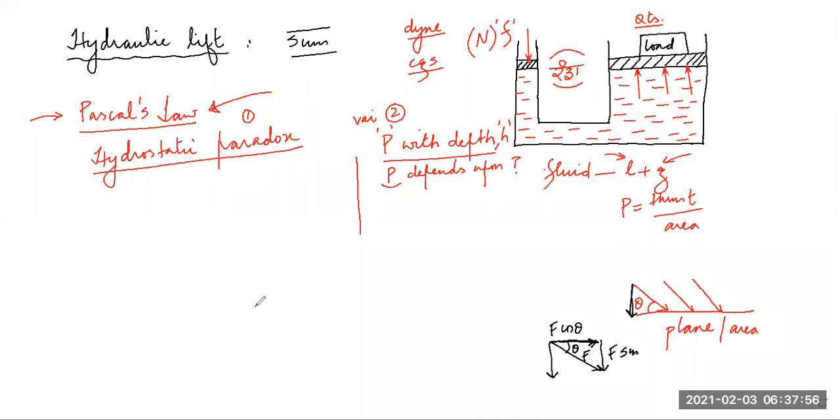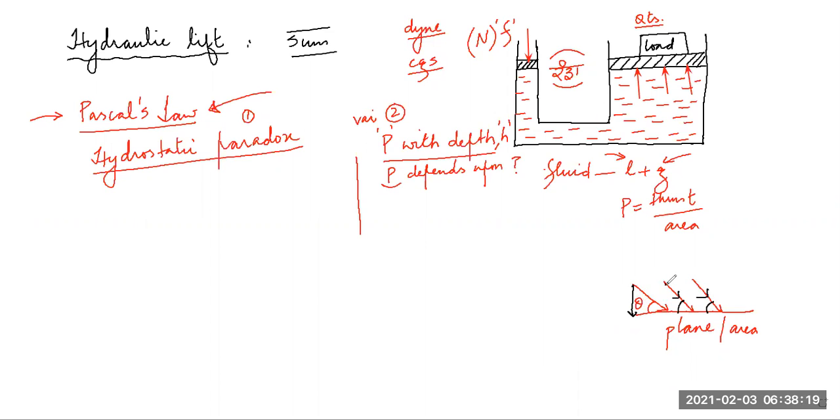So once we know all this, now these are the forces which are being applied on the plane at an angle theta. Now its perpendicular component is responsible for the application of pressure.